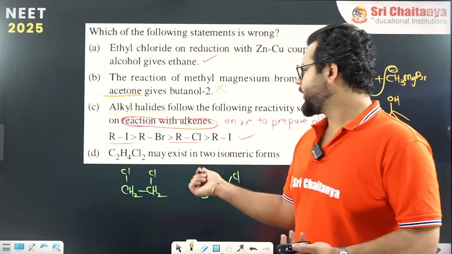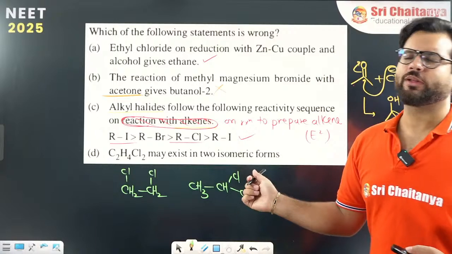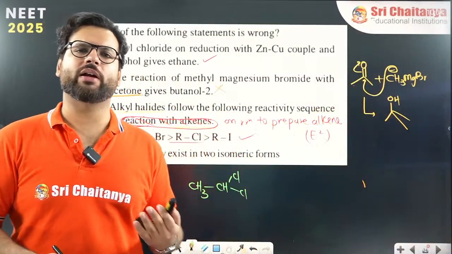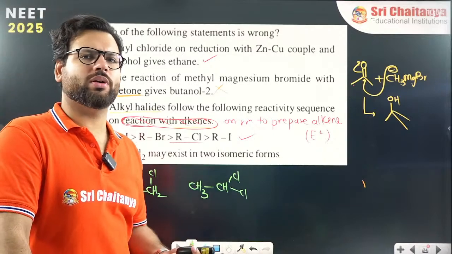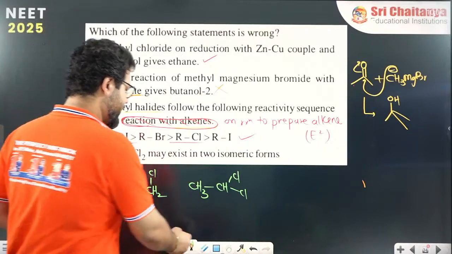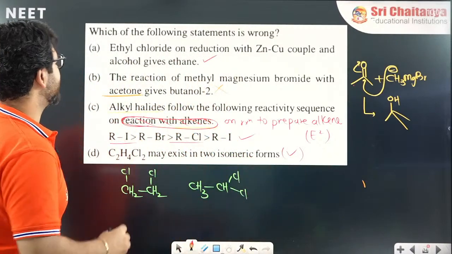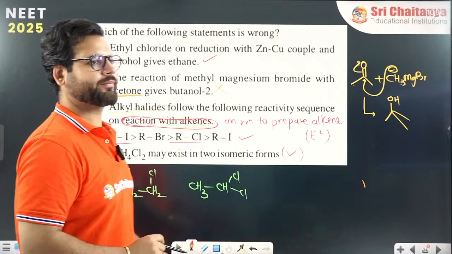And none of them is optically active because I can't see any chiral carbon. So C2H4Cl2 will have two isomers only, 1,1-dichloro or 1,2-dichloro. So that is an absolutely correct statement. They are asking which is the wrong statement. B is the wrong statement.